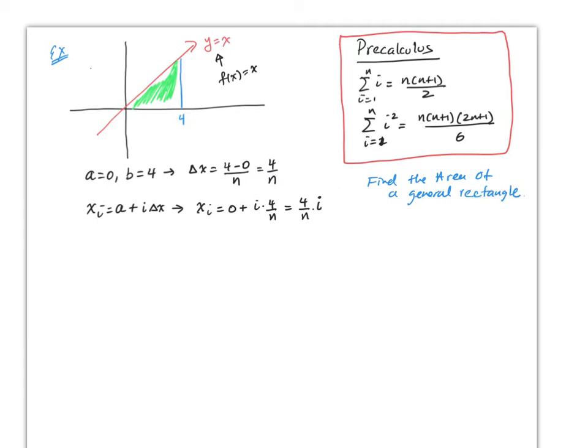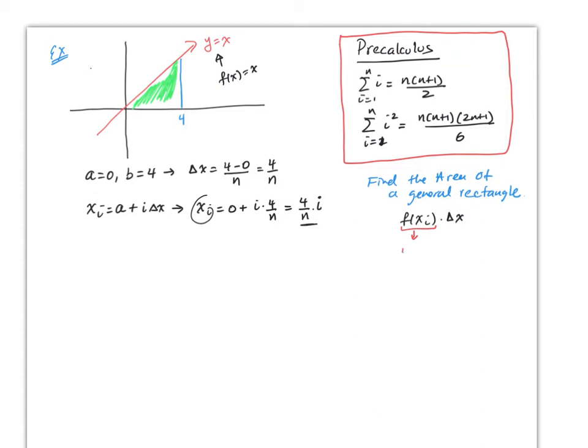So the area of a general rectangle is going to be, remember, the base, which is delta x times the function, or let me write it one more time, is f of xi times delta x. f of xi, since the function is x, and xi is equal to this, so this is going to be this part, okay?